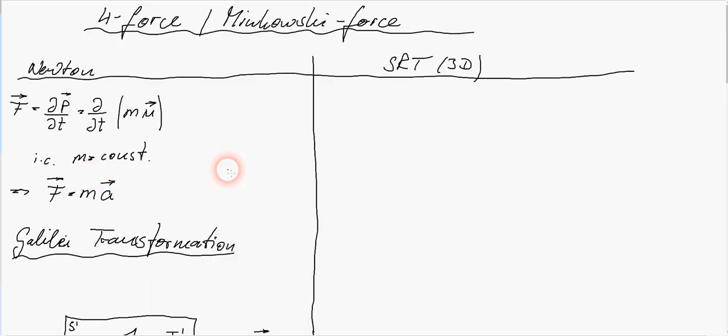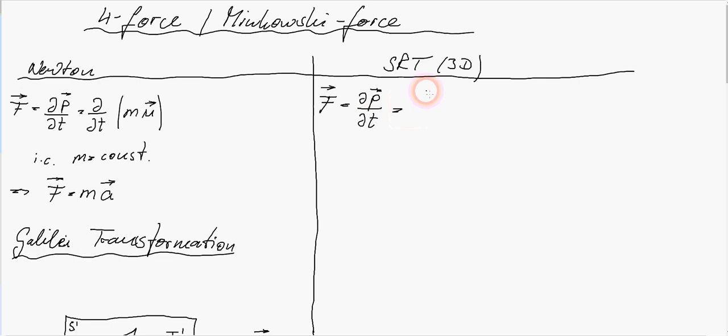Now let's go over and repeat. I want to emphasize it's just a repetition of what we know from special relativity. So I won't go into details, but just summarize. So special relativity tells us that a force, I will call it now as well F, equals the time derivative of the relativistic three-dimensional linear momentum.